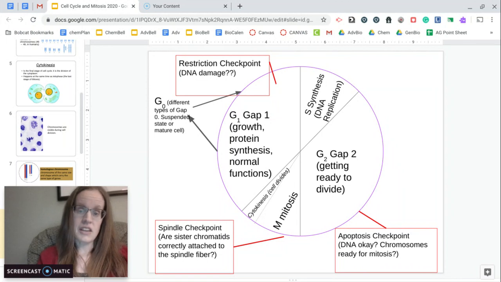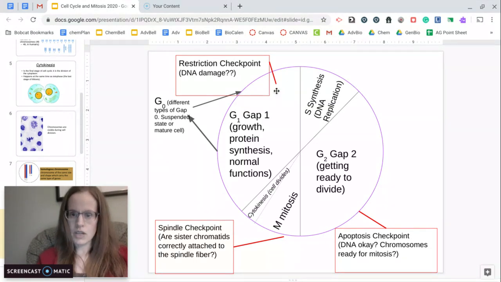And that's actually a good thing, because if you skip these checkpoints, that's when you end up with things like cancer. So if you go ahead and replicate your DNA, even though there are problems with it, you might end up with a cancerous cell. Cancerous cells end up being able to skip these checkpoints, and that's why they can keep on replicating, even though they're a cancer cell.